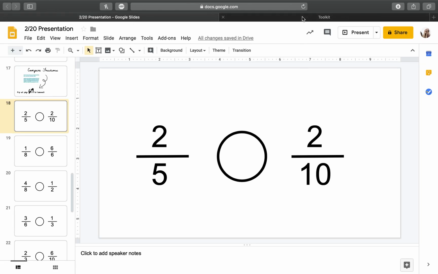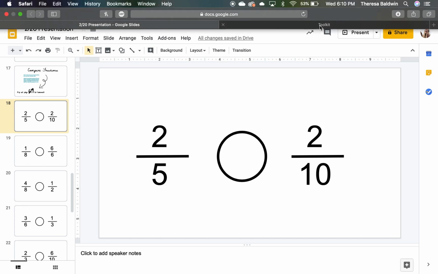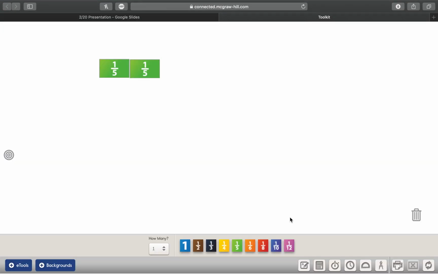Now we need to build 2/10. So just like we did with the fifths, now we need 2 1/10 tiles. So here's the 1/10, these ones right here, 1 and 2. Okay, so when we put them together, we can compare them. So is there more green or is there more blue?